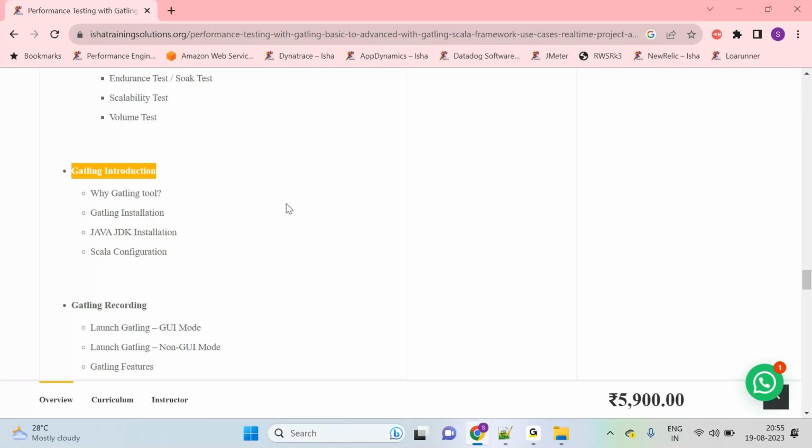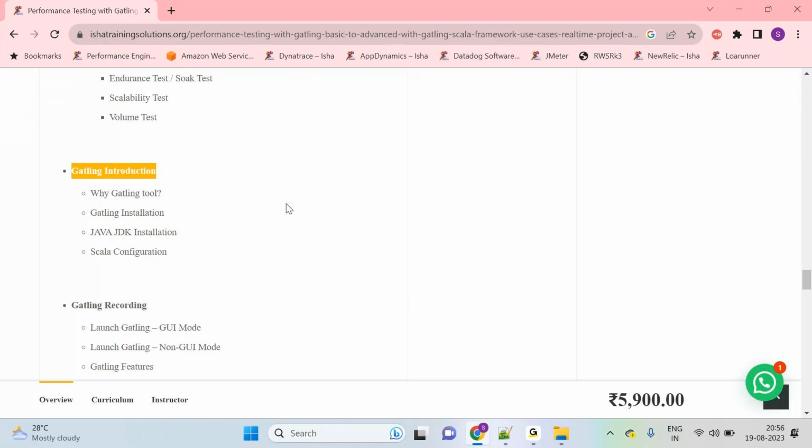And then Gatling installation, which is a very, very important part. How are we going to do the Gatling installation? When doing the installation, what are the prerequisites that we are going to follow? Because when you set up the Gatling tool, you are not setting up Gatling alone, guys.